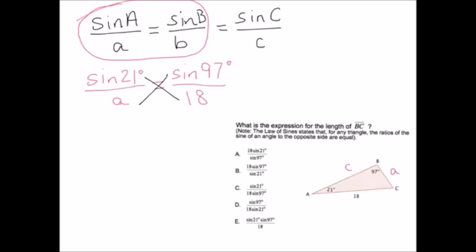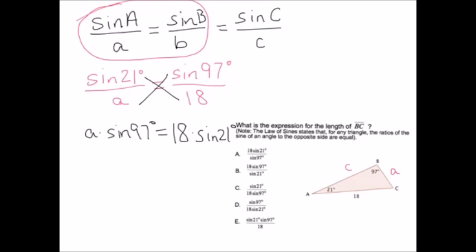So we know that A times the sine of 97, and again, don't even put in your calculator sine of 97 or sine of 21. We don't care. Look at your answer choices. They're all written out that way. Okay, and that's going to equal 18 times the sine of 21 degrees.